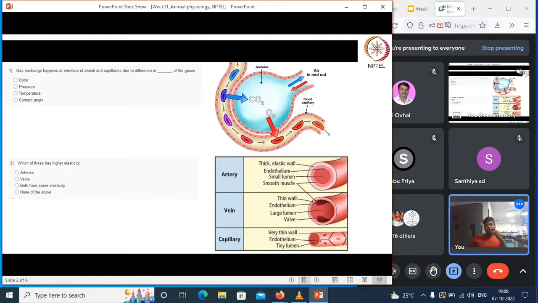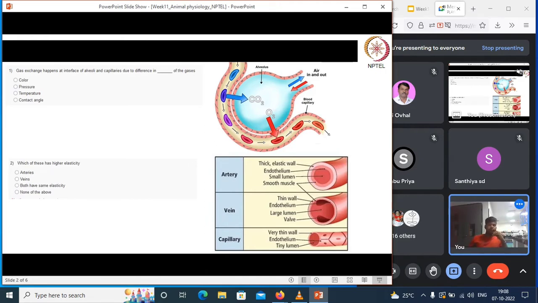So there is a rich concentration of oxygen inside the pulmonary alveoli. And in the blood capillaries, the deoxygenated blood that is to be purified in the lungs is flowing through them.